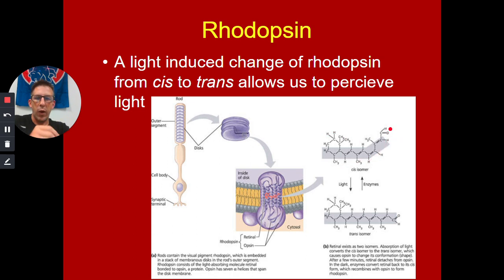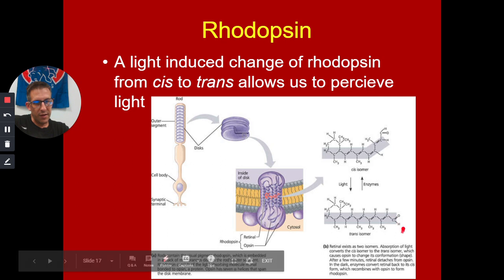Now when light hits this molecule, it causes a chemical change in this double bond. I believe it causes it to break, rotate, and then reform that double bond. And so now down here, this is really hard to see, and it's hard to track, but I believe that the double bond is right here. Okay, that same double bond of interest, I believe it is right here.